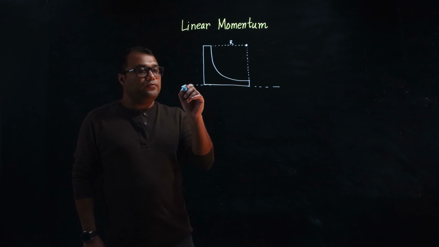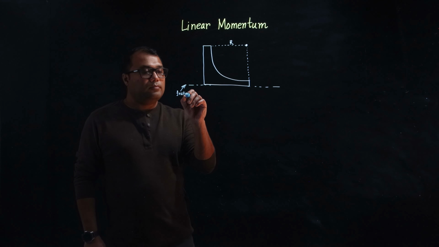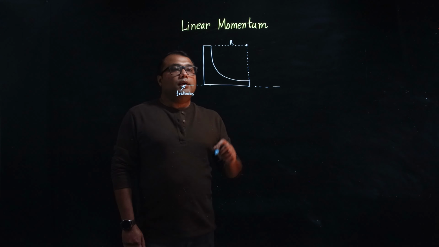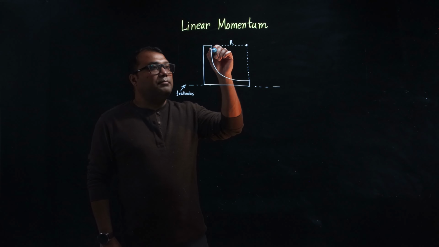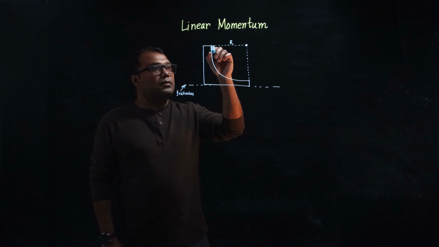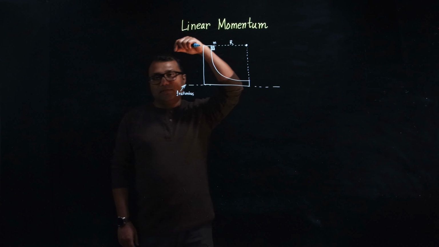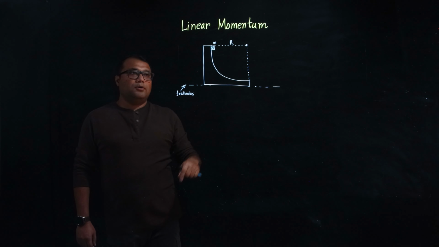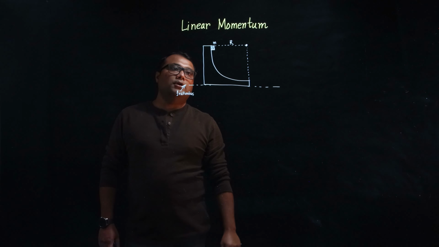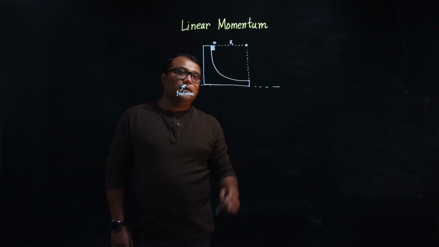So this is frictionless. And then there is a mass m, which is dropped or let go from the top of the quarter circle.